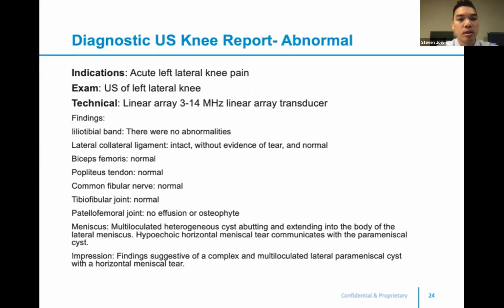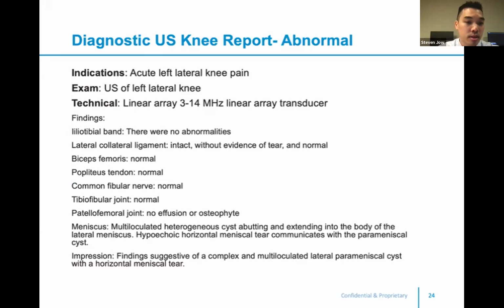So summarizing our findings here with the ultrasound report, we found no abnormalities with respect to the iliotibial band. The lateral collateral ligament was intact, no evidence of tear. The biceps femoris muscle and tendon were normal. The popliteus tendon, common fibular nerve, and joint spaces were normal as well.